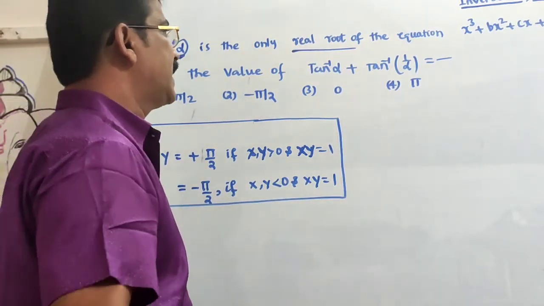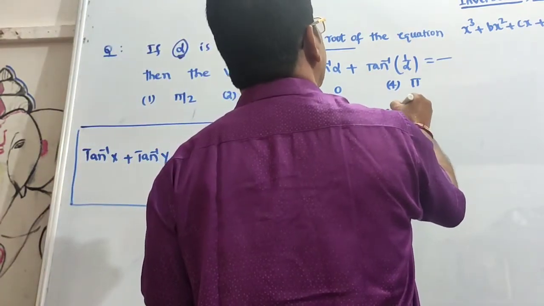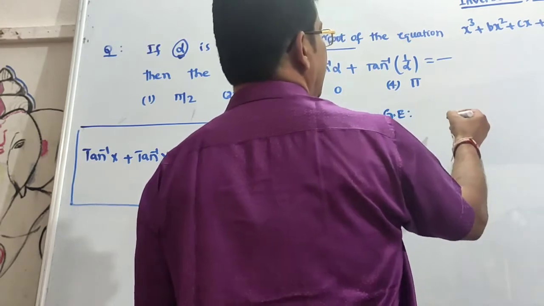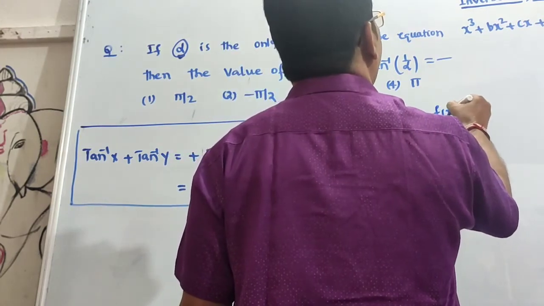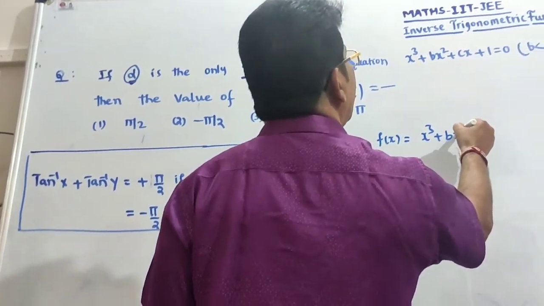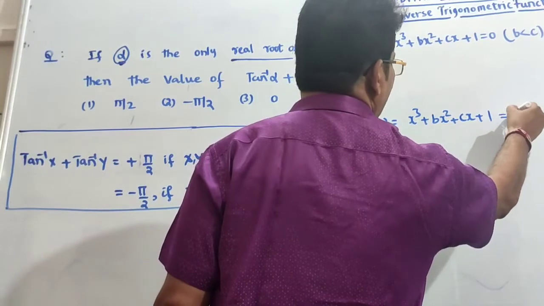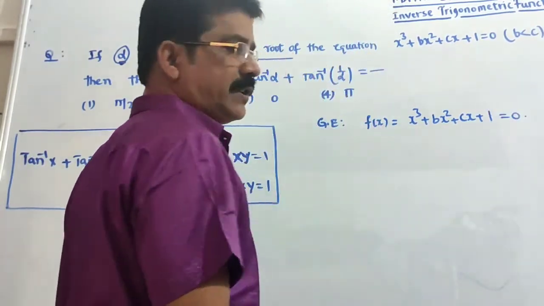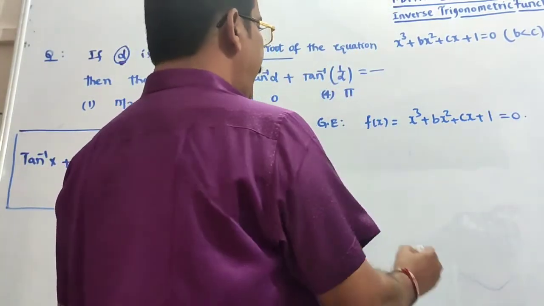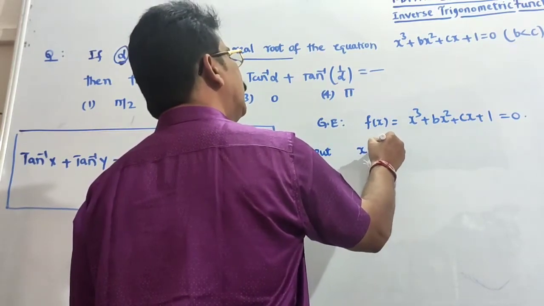Next, the given cubic equation, let it be f of x equal to x cubed plus b x square plus c x plus 1, equal to 0. Now put x equal to 0.